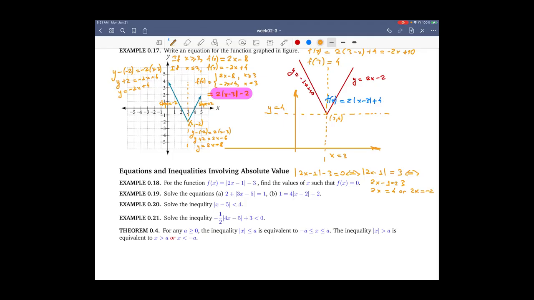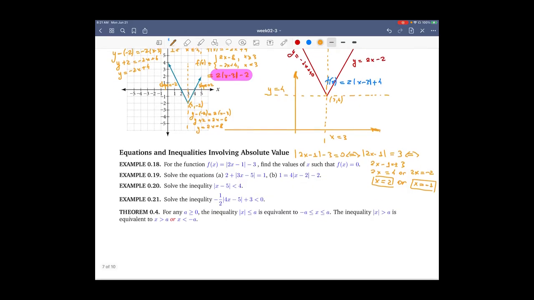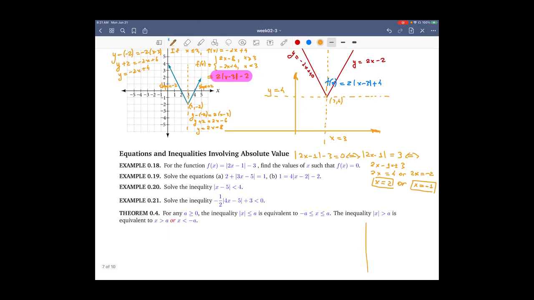So the two values where f is 0 are 2 and -1. The graph of this function, by the way, looks similar to the graph we had in the previous example.